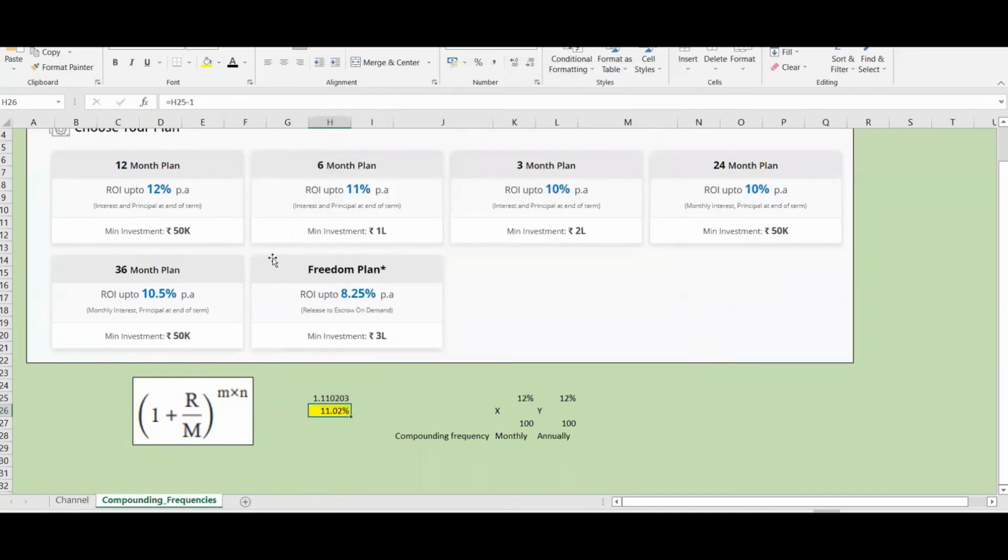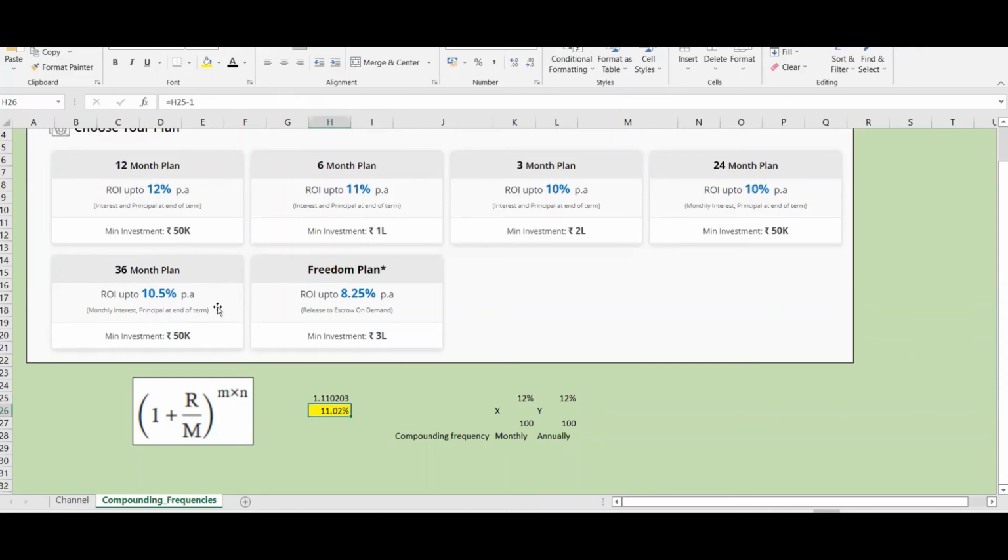That's why this particular investment is fetching you more returns. And an intangible benefit would be if you need money sooner, then this would be better. But if you don't need money for a 1 year time, this is a better option.